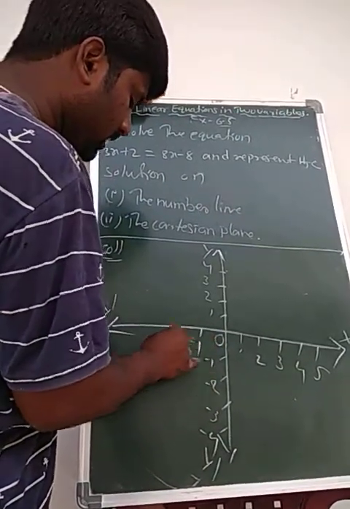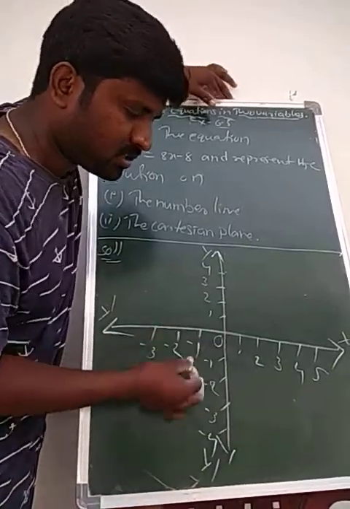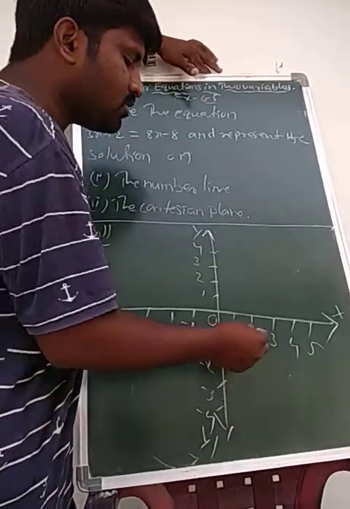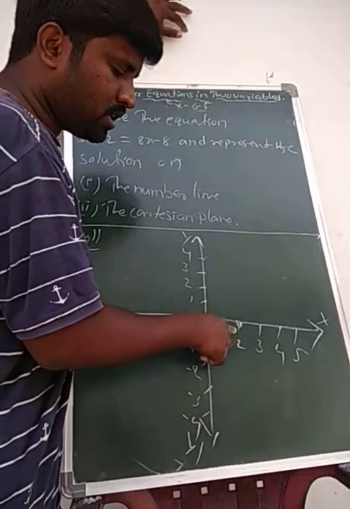I take the scale on the x-axis and the y-axis as 1 unit is equal to 1 centimeter. So we get the x value 2, on the x-axis plus 2 is here.